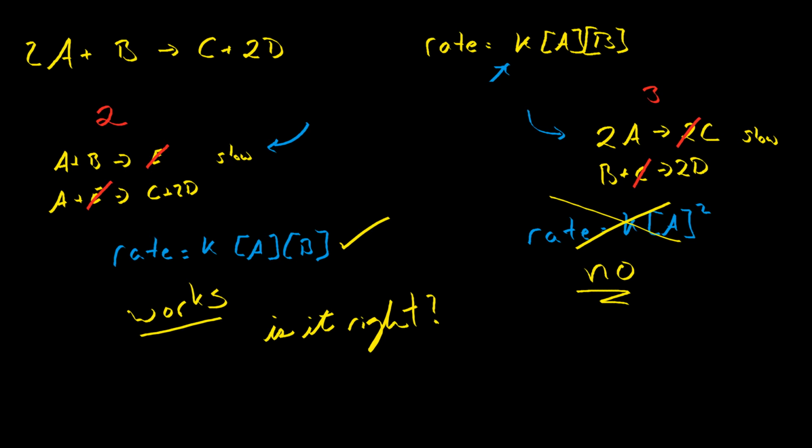Or maybe you could test for it with spectrometry or something like that. There are lots of possible ways to test for the presence of E. In any event, what you're finding here is not necessarily the actual mechanism. What you're finding is the proposed mechanism consistent with the experimentally determined rate law.